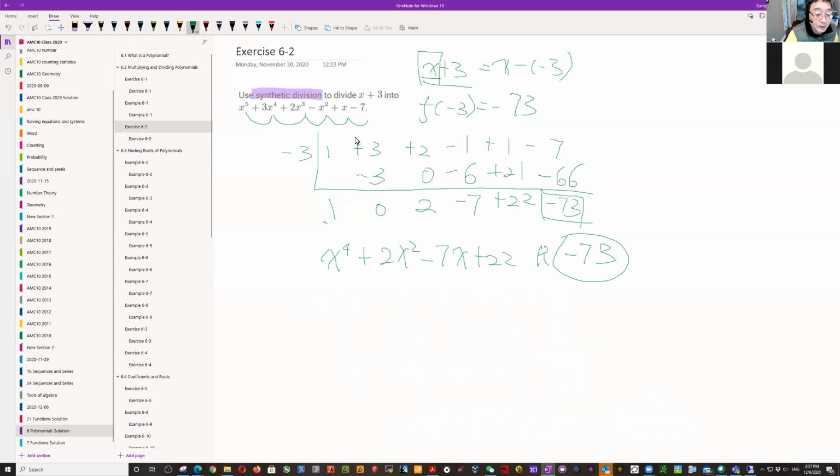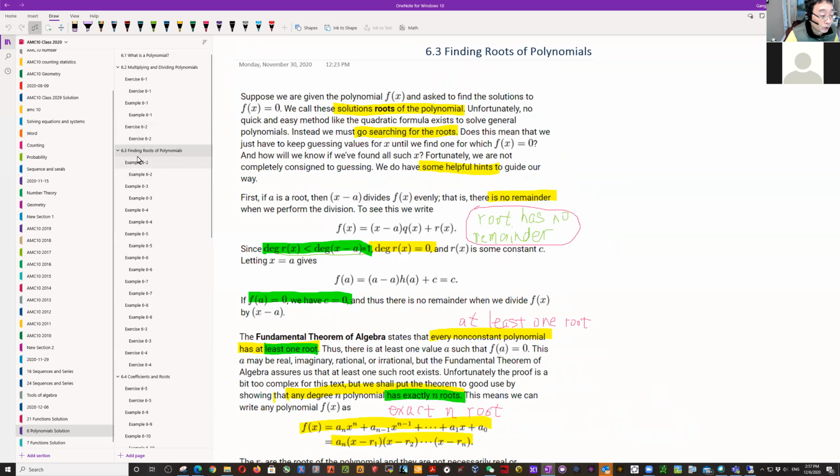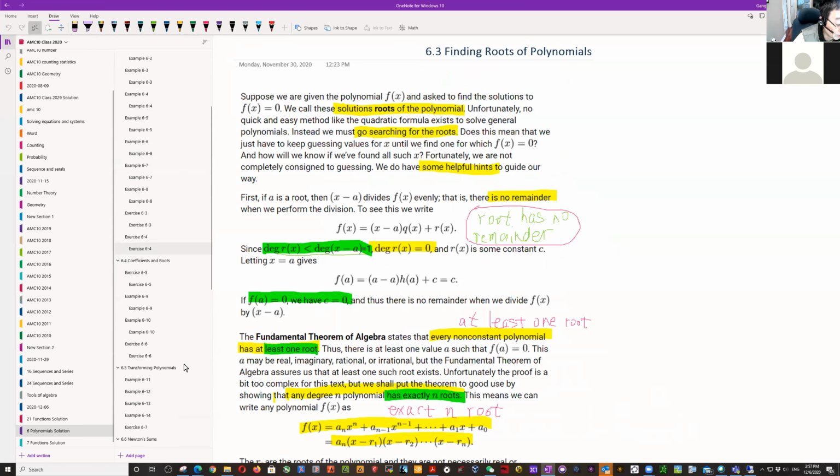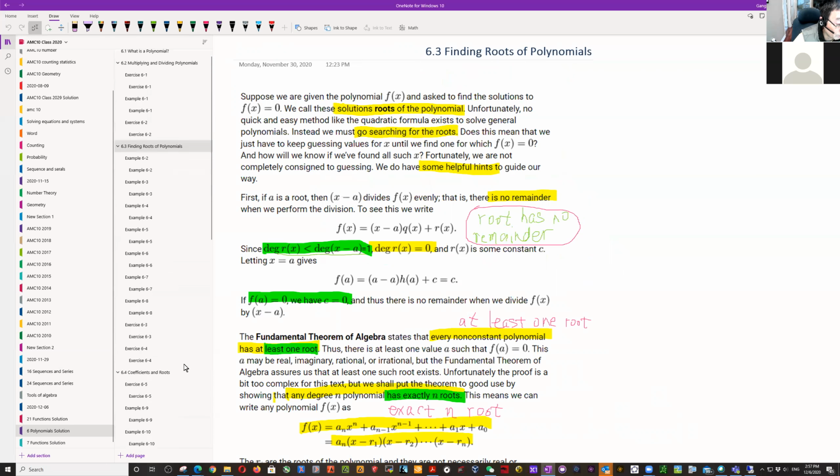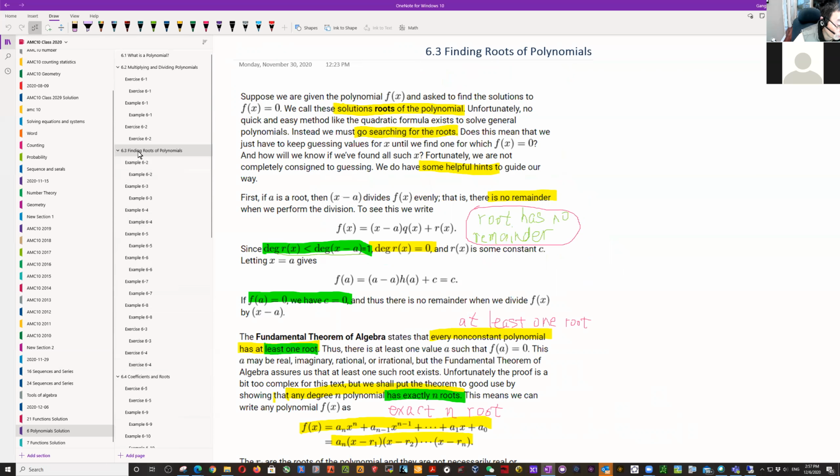We're going to repeatedly use the synthetic division, because polynomials have a lot of content in this chapter. I think we're trying to cover this part, 6.3, and 6.4 is actually just a lot of practice, like the Vieta problems.